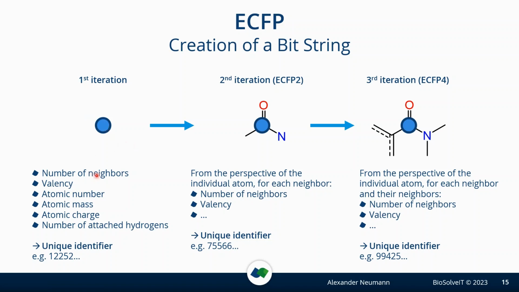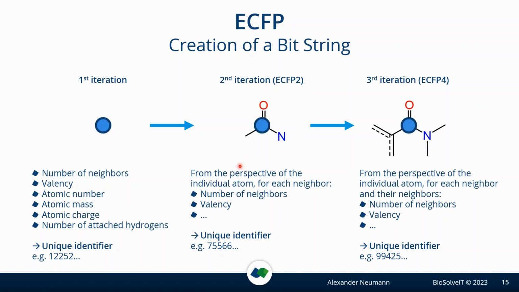And then once it has done all of those numbers, it translates all of those numbers into a single number string, which is called the unique identifier. So this carbon would receive this unique identifier, which consists of, I don't know how many numbers, 8 numbers or so. Then from there, we actually would start with the ECFP fingerprint per se. Then we would look into the connecting neighbors.